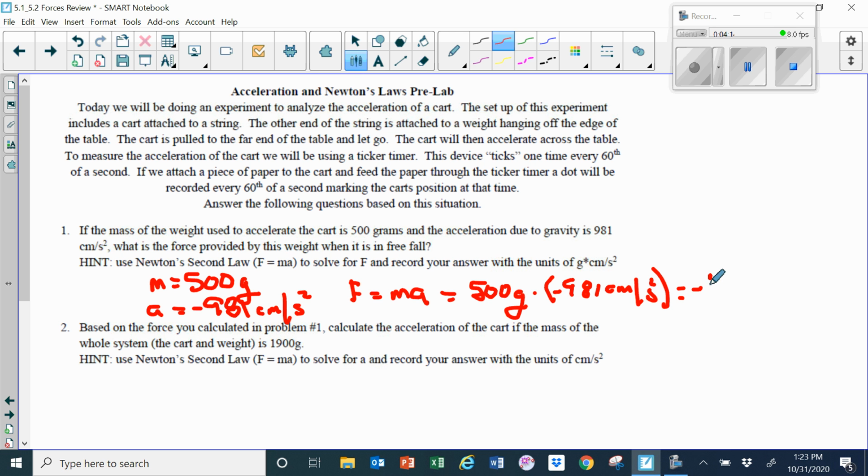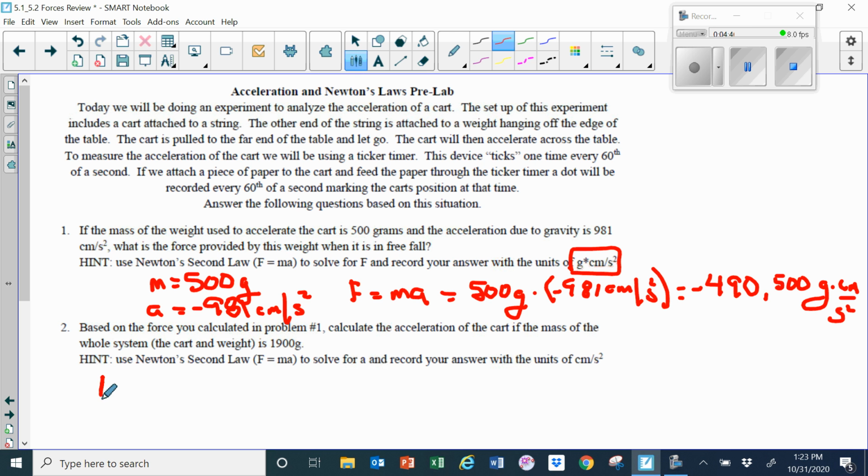It's going to be negative because the force is downward: minus 490,500 grams times centimeters per second squared. Those aren't newtons, so that's not a force in newtons, but that's the force that would be applied, and I'm doing it in these units right here.